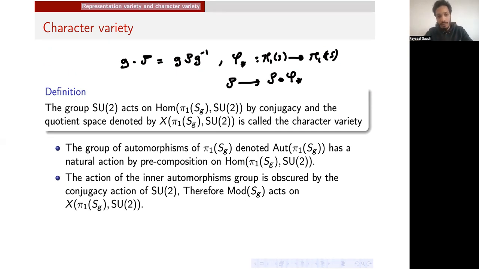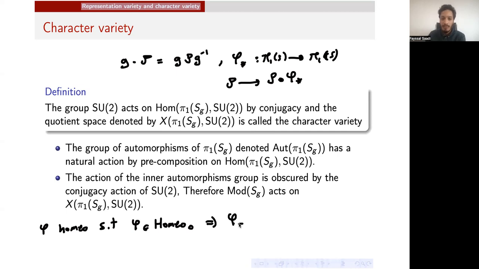And if you take an element, a homeomorphism phi, such that phi is isotopic to the identity, this means that phi on the algebraic level, on the pi1 level, is just a conjugacy by some element. So it is in the interior of the pi1 of S.